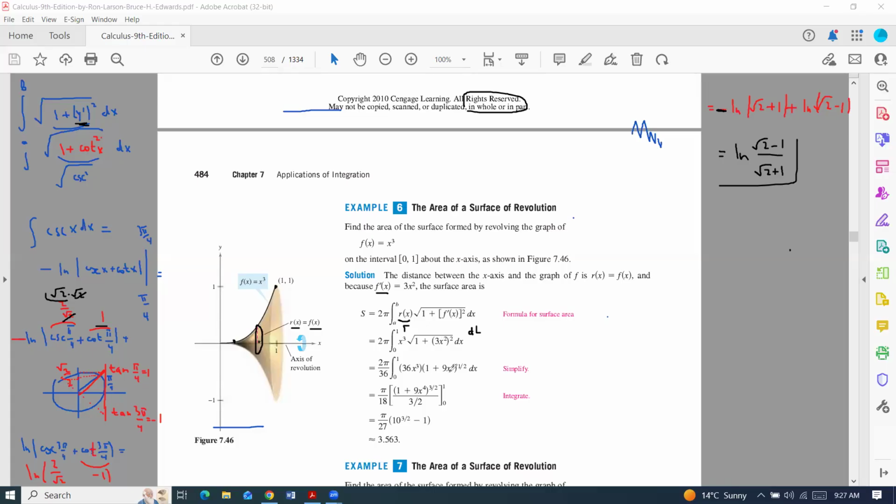Please notice that when you integrate, you integrate from 0 to 1. They like to have nice limits, 0 to 1, that's great. And 2 pi r, so instead of r, we use our function x cubed here, and 1 plus the derivative squared inside the square root, which is going to be 1 plus 9x to the fourth, and the power is 1/2.